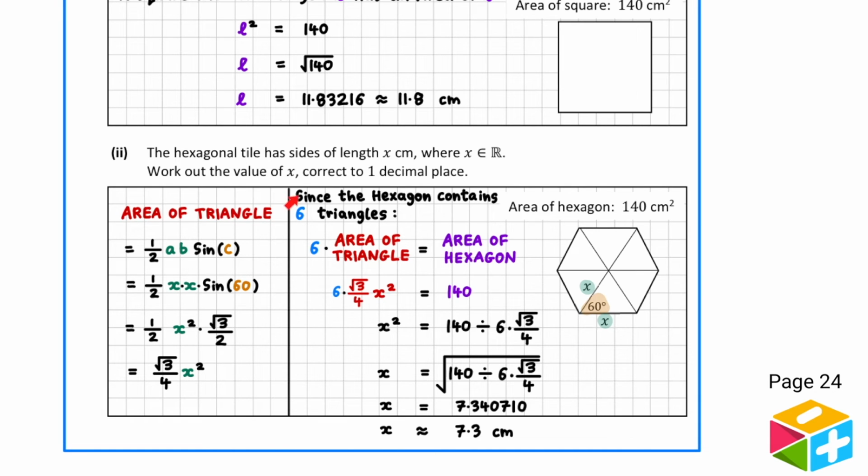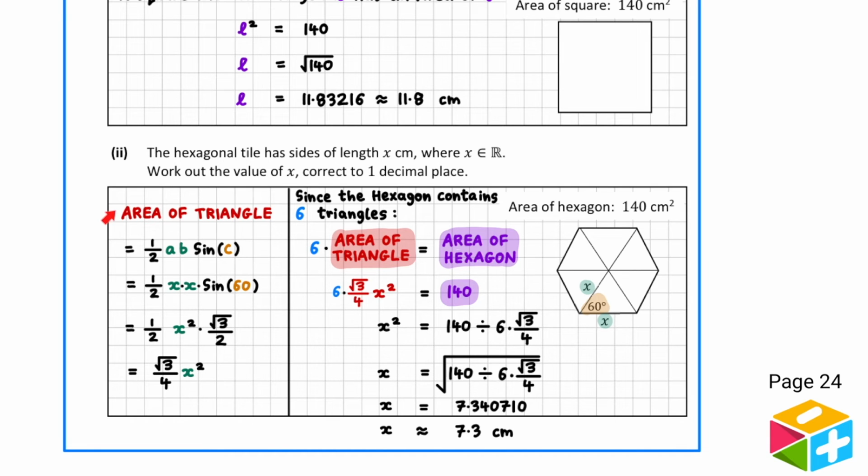Since the hexagon contains 6 equal triangles, we can deduce that the area of the hexagon will be 6 times the area of one of these triangles. We know that the area of the hexagon is 140, so if we can write the area of a triangle in terms of x, we'll be able to use this equation to solve for x.